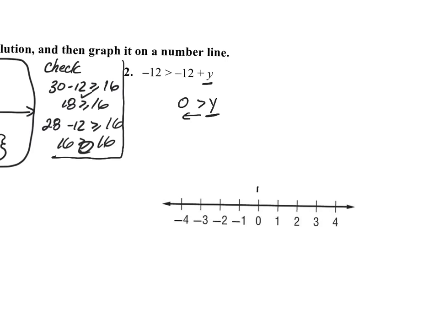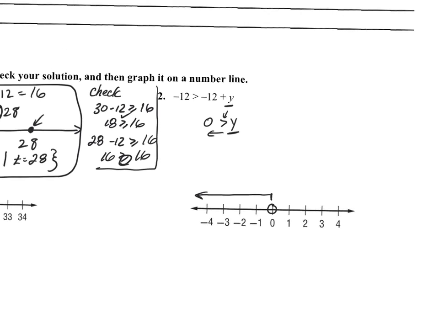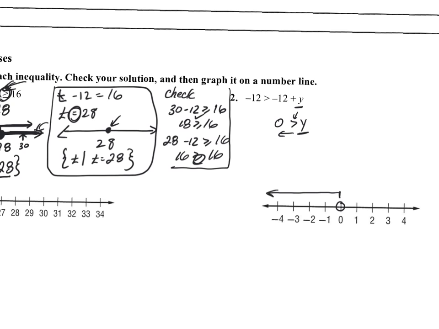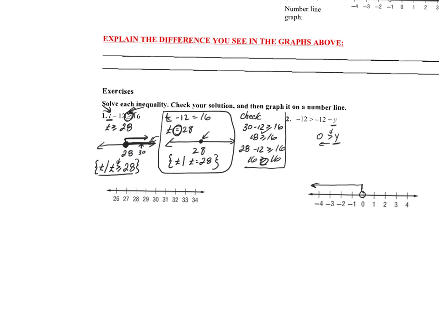So I'm going to do my little line. Numbers that are less than 0 on the number line are this way. But in this case, there was no equal sign in my inequality, so 0 doesn't actually count as a solution. The way that we denote that is that we put a round circle around that inequality. Because there was an equal sign here, solid dot on my solution.